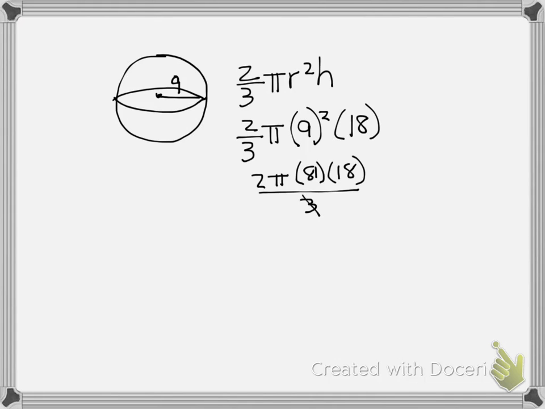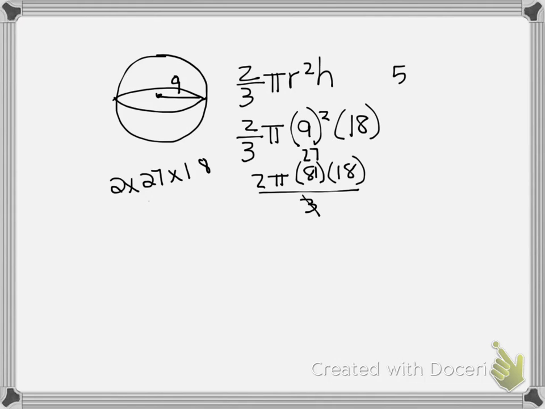So 3 goes into 81. 3 goes into 8 2 times with 2 left over. So 2 goes into, that would be 21. So this would be 27. So now I need to say 2 times 27 times 18, because I've already reduced the 3. So then 2 times 27 is 54.